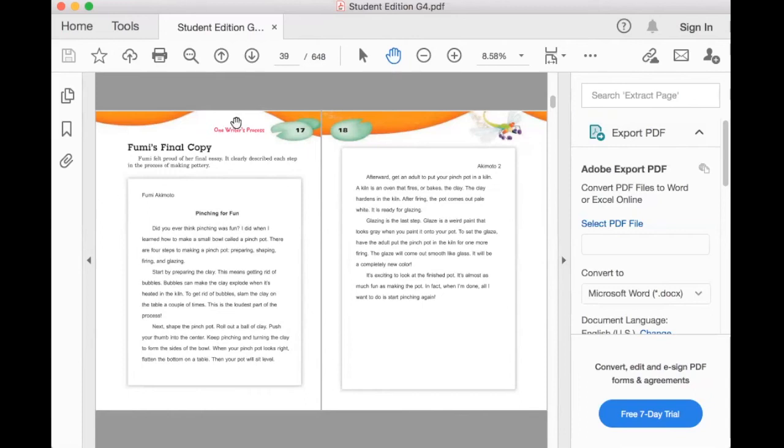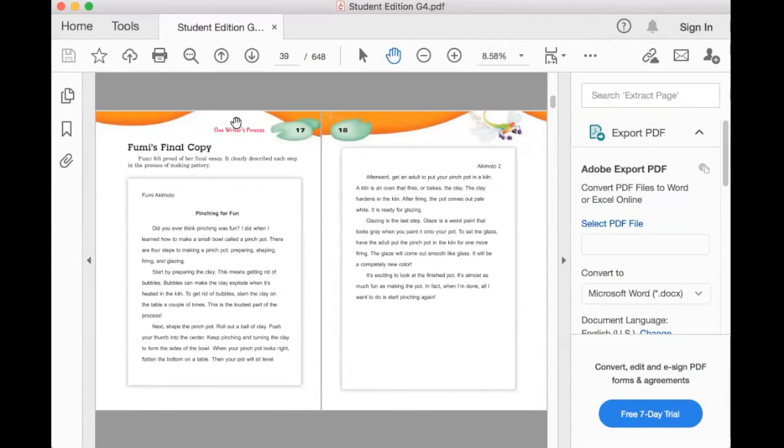Start by preparing the clay. This means getting rid of bubbles. Bubbles can make the clay explode when it's heated in the kiln. To get rid of bubbles, slam the clay on the table a couple of times. This is the loudest part of the process.